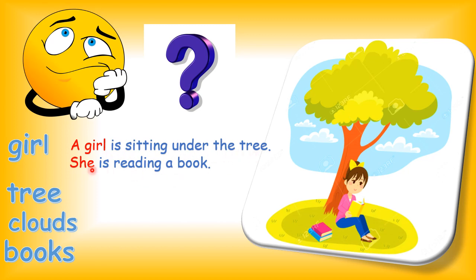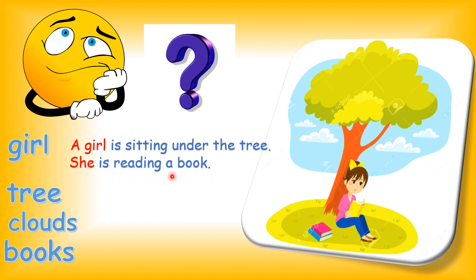In the same way, see here in the second sentence, she is reading a book. Who is reading a book? She is reading. Who is she? This girl is she. We have replaced the noun with a pronoun. How do we know that she is reading a book? Because this blue part of the sentence is telling us that.